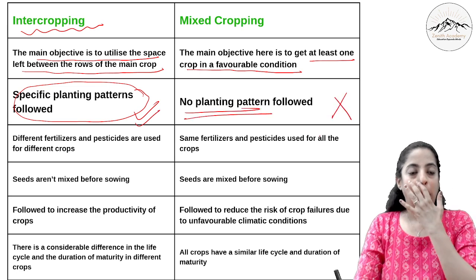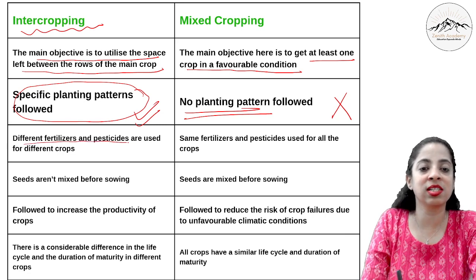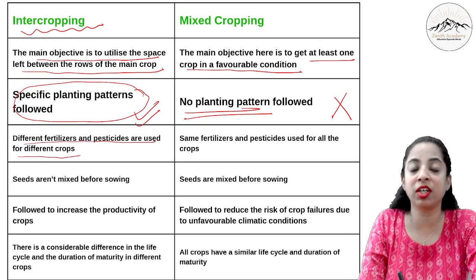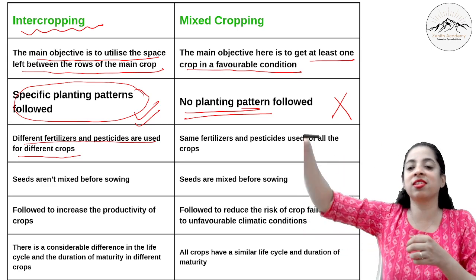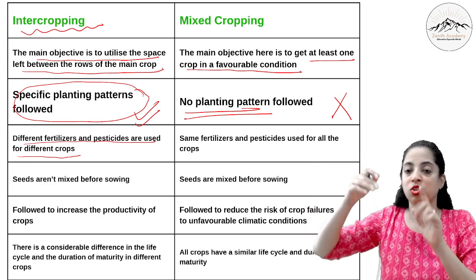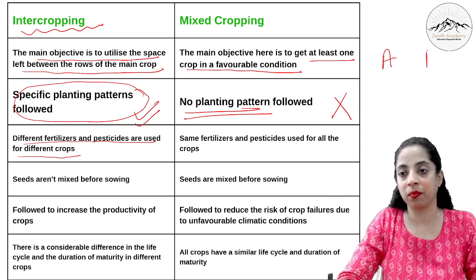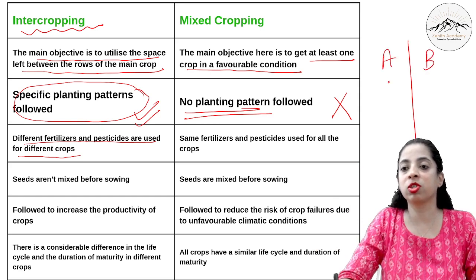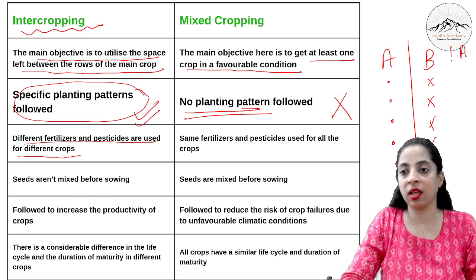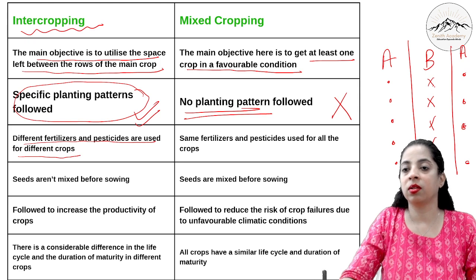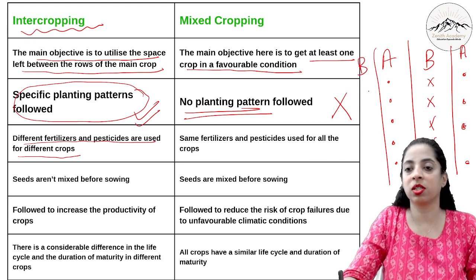Then in intercropping, different fertilizers and pesticides are used for different crops. There are particular rows, so suppose there is plant A and B. For A, you spray one type of pesticide or fertilizer, and if here is B, you spray some other type.